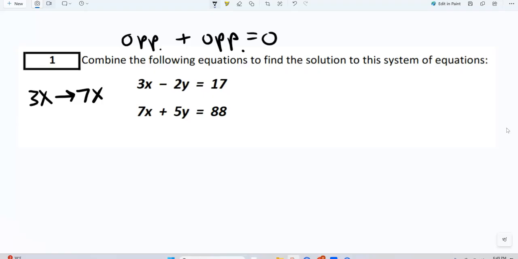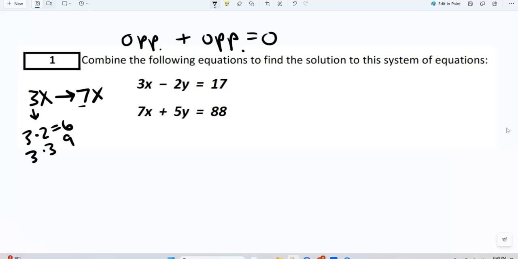If I multiply by 2, 3 times 2 is 6. That's not 7. How about 3 times 3? That's 9. So multiplying 3 by a number is not easy to get to 7. Then let's try the y's.